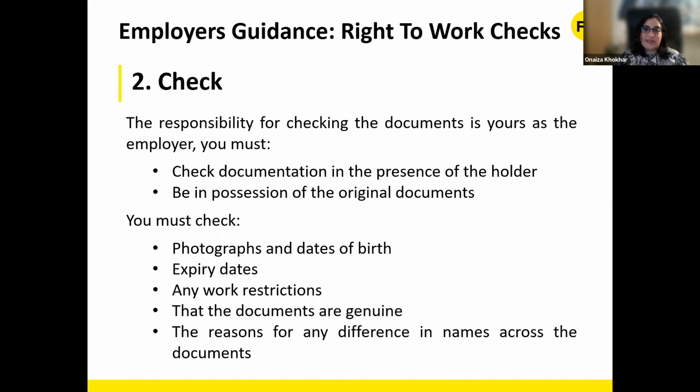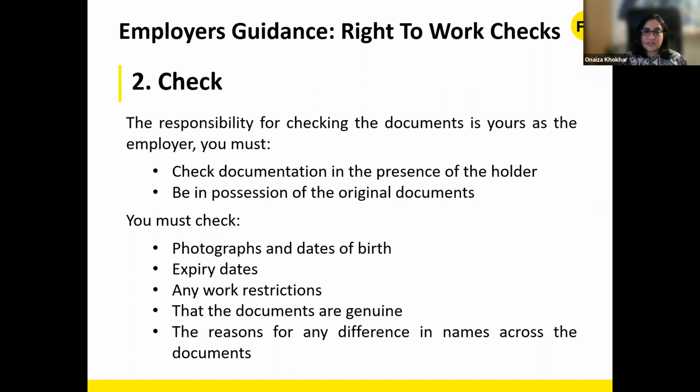But you need to take reasonable steps to assess the documents. So you must, for example, check that the photographs and dates of birth are consistent across the documents and consistent with the person's appearance. This is in order to detect impersonation.